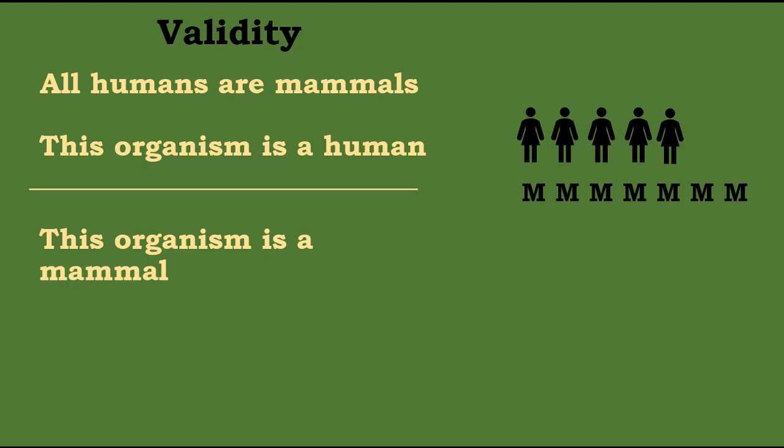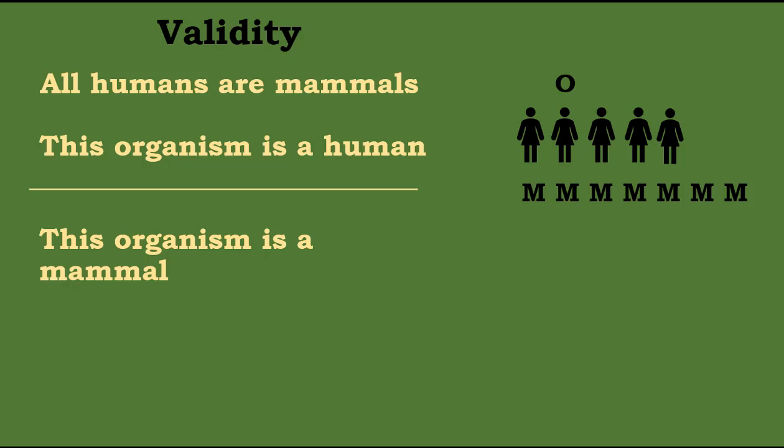Okay, so second premise. This organism is a human, so we have some organism here and we claim it's a human. In order to do that, we put the O for organism in one of the humans. It will be the same in each of the humans. We put the O in any of these humans, and they will always be in a column that aligns with a mammal.